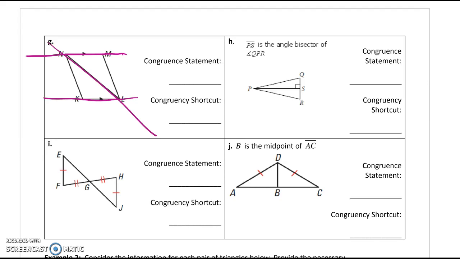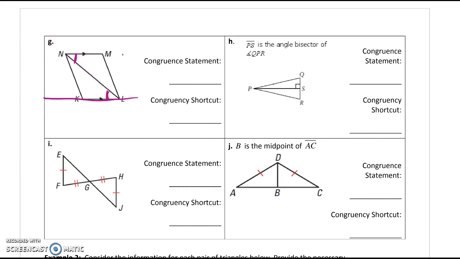Well, it's going to be the angle between the parallel line and the transversal. Not these, not those. The angles have to touch the parallel line and the transversal. So these are the congruent alternate interior angles.